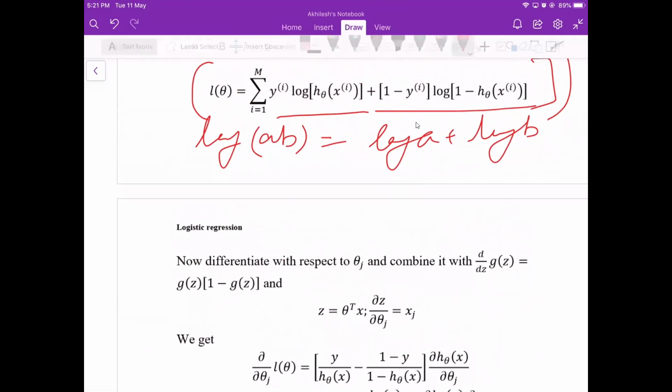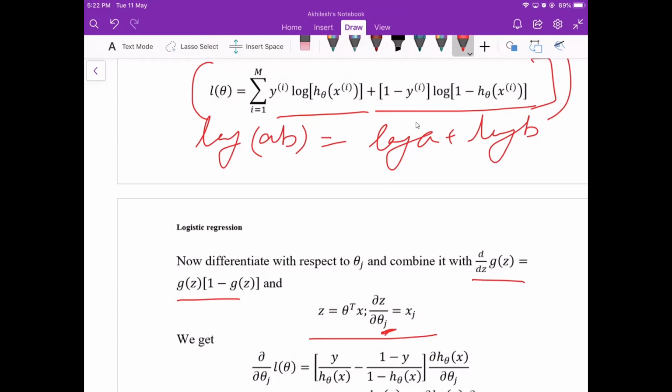We have already seen this one, and with this one, z is equal to theta transpose x, when you differentiate with respect to theta, where i is equal to 1 to n.